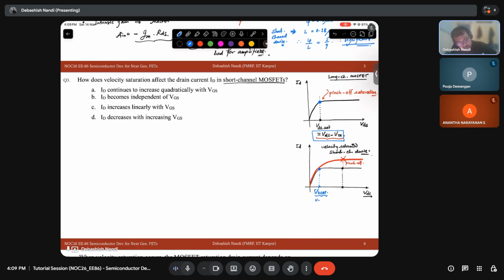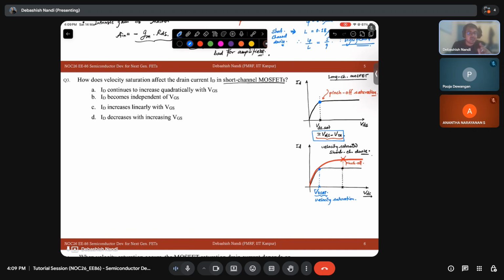This is due to velocity saturation. So what is the consequence? The consequence is that in velocity saturated devices, the thumb rule of designing your circuit, whether it is in saturation or in linear region, is not the same as it is for a device without velocity saturation.